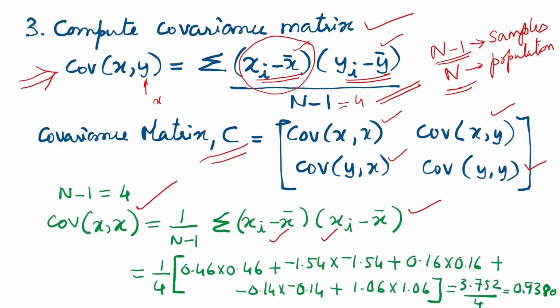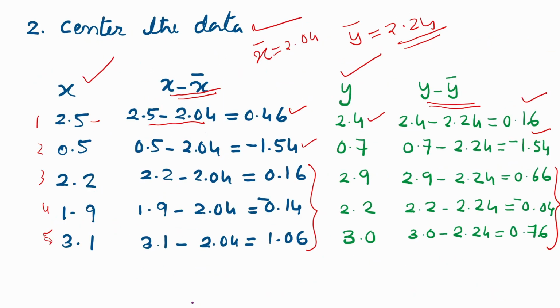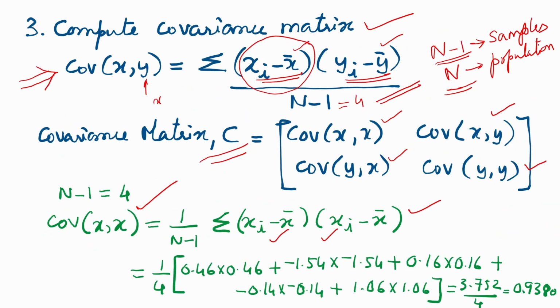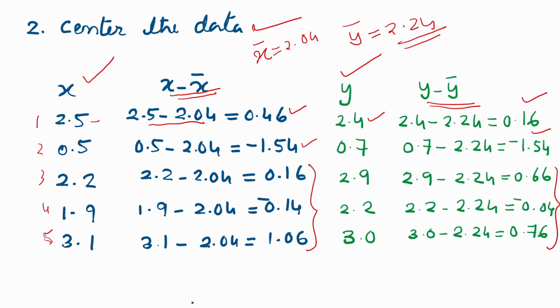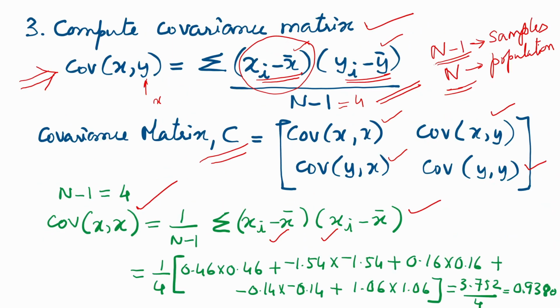For the second data, we found minus 1.54, so minus 1.54 into minus 1.54. The third data is 0.16. Similarly you multiply and take the summation. So finally you get 0.9380. What is this value you got? That is nothing but covariance x comma x.